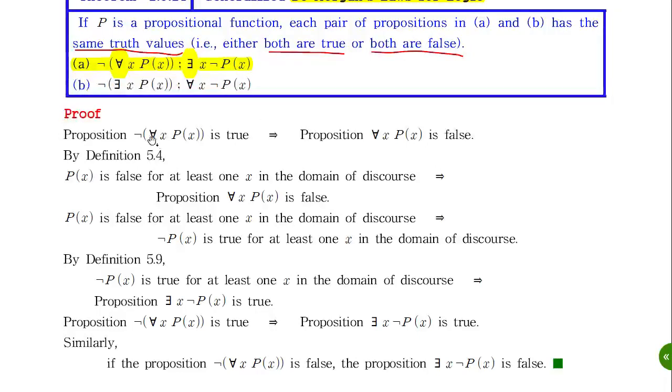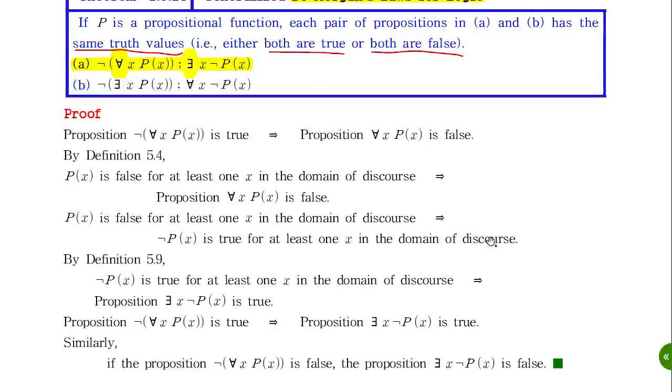Like you see here, the negation of this proposition: if this is true, then this is false, which means there exists x in the domain of discourse such that P of x is false. That means P of x is false for at least one x in the domain of discourse, which means the negation of P of x is true for at least one x.